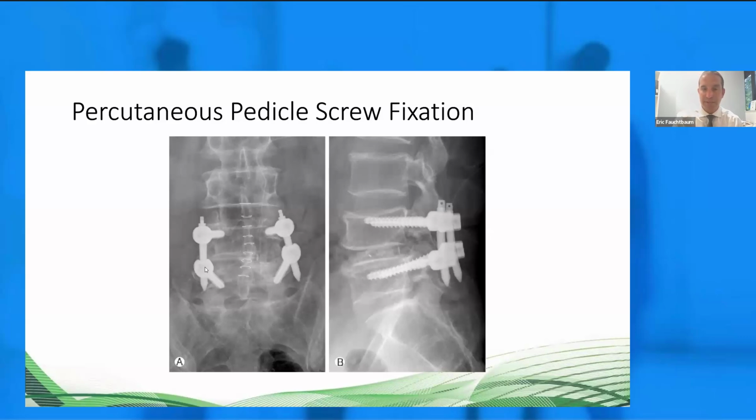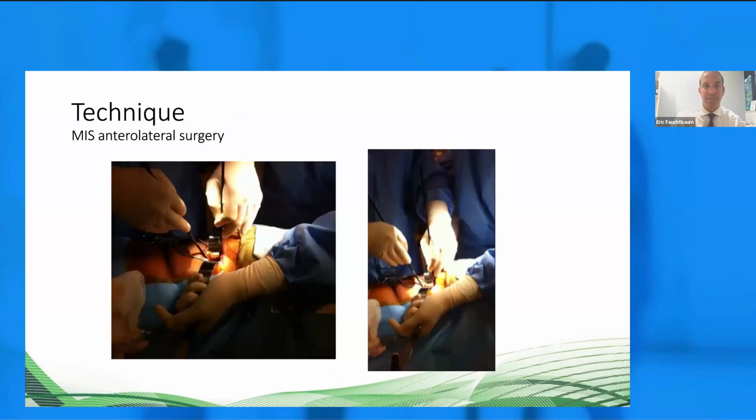And again, we don't cut the muscle, we dilate through the muscle because the navigation or X-ray lets us hyper focus or pinpoint the exact location where the screw can go in. So oftentimes these two screws can be put through an incision that's less than a centimeter or a centimeter and a half in length. So we're able to perform powerful corrections and stabilizations of spine through very small incisions.